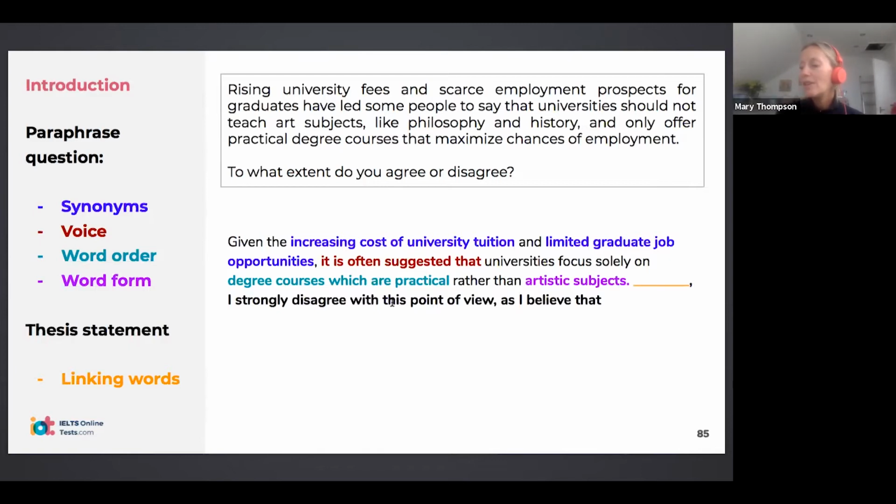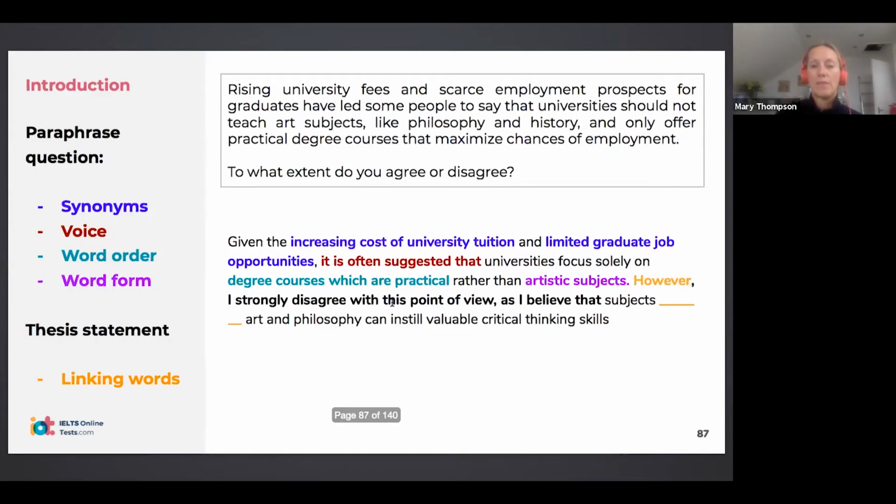So Neo and Clover, yeah, however, good. So I believe that subjects, okay, so which linking word goes in here? Such as, thank you, Sky. Yeah, such as art and philosophy can instill valuable critical thinking skills.